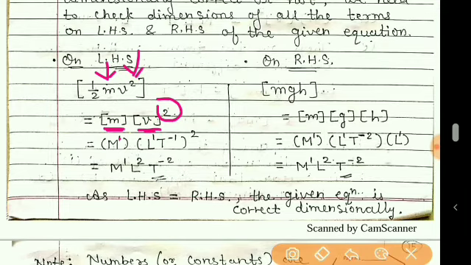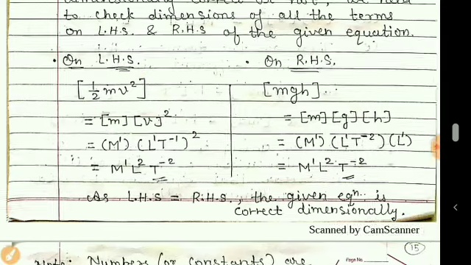Now students, here you can see there is 1 by 2, but this 1 by 2 is a constant number, and this type of number has no dimension. So such constants or numbers are not to be considered. So here we have considered only m and v.